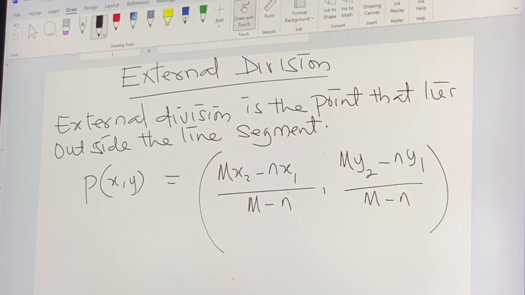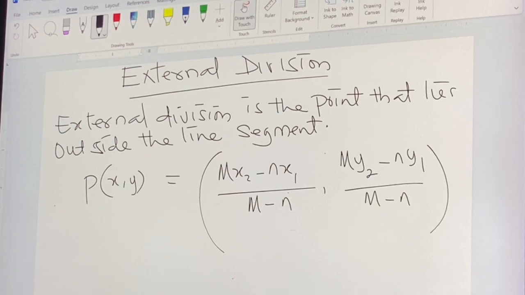Now, sometimes we can easily identify an external division from the ratio. In our last video, I told us how to identify when a division is internal and when it is external. If I have 2 points and a point divides them internally, we call it an internal division.